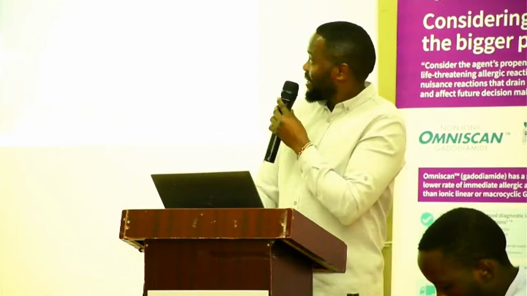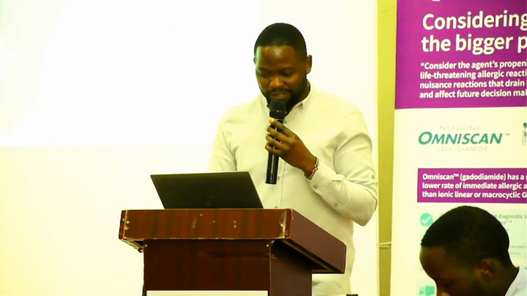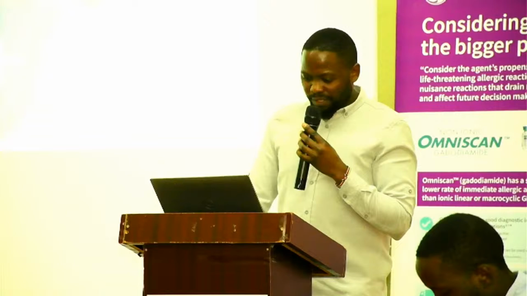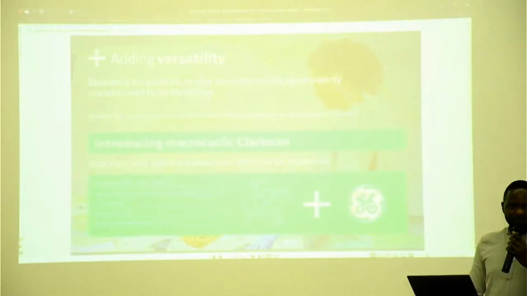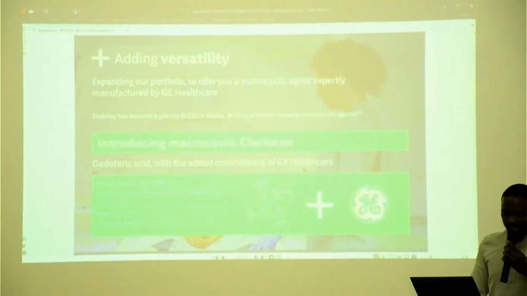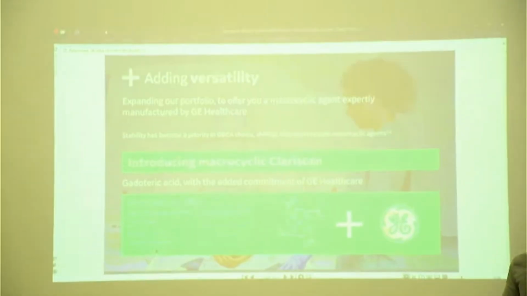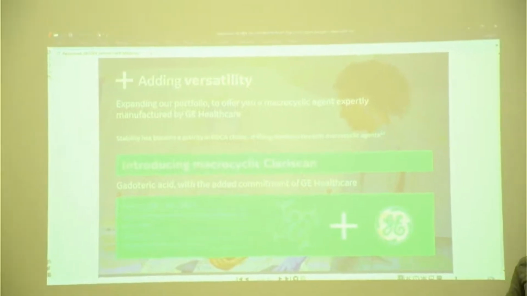Very important. I think the lighting is not allowing the screen to be visible, but I can read. So it is a cage-like structure, as I've said, enclosing and tightly binding the gadolinium ion. And then you require it to be highly stable in vitro, inside the body. Yeah, and biologically inert, plus rapid biodistribution and elimination.